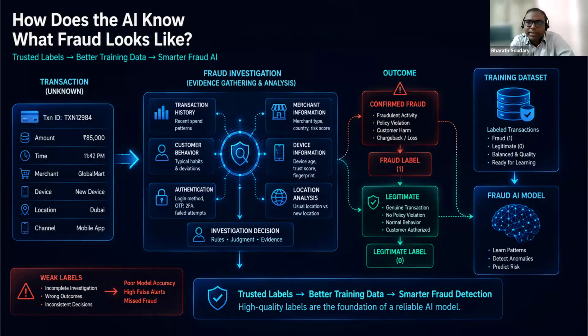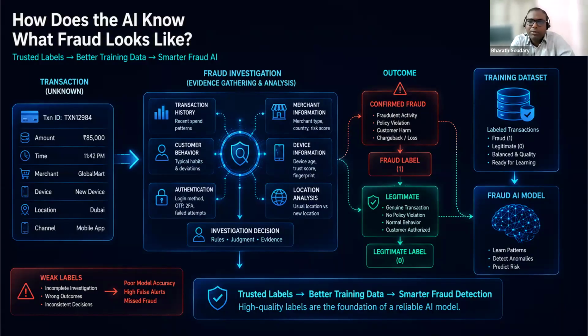When I say weak labels, the slide highlights the problems with weak labels: poor model accuracy, incomplete investigation, wrong outcomes, inconsistent decisions, missed frauds, and false alerts. For example, if a transaction is marked as fraud simply because a customer complained, but the investigation later shows it was legitimate, the model learns the wrong pattern.